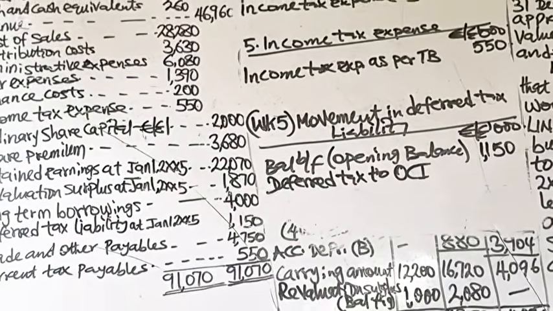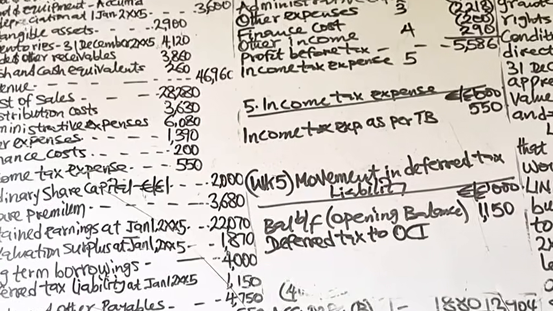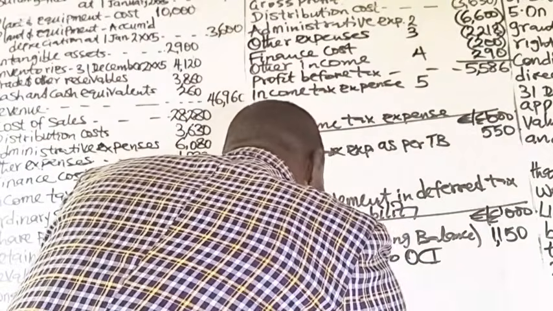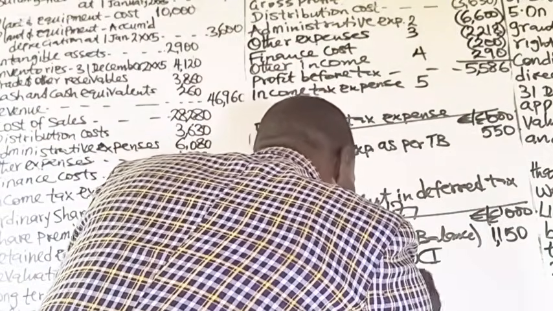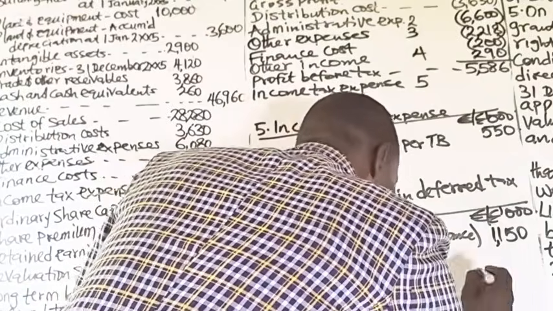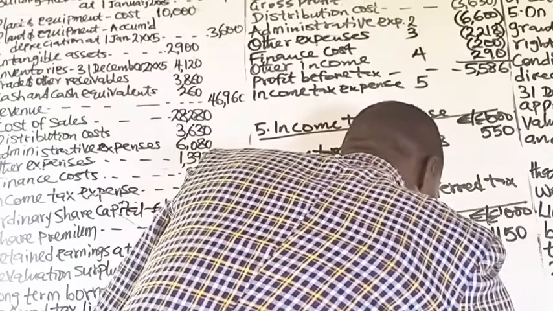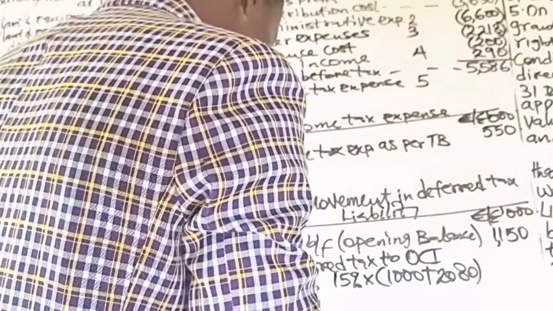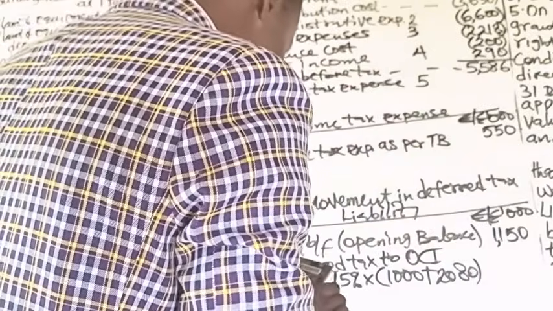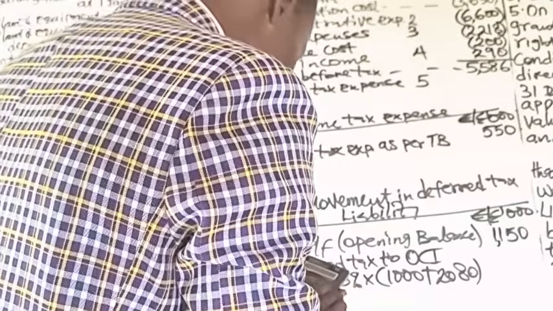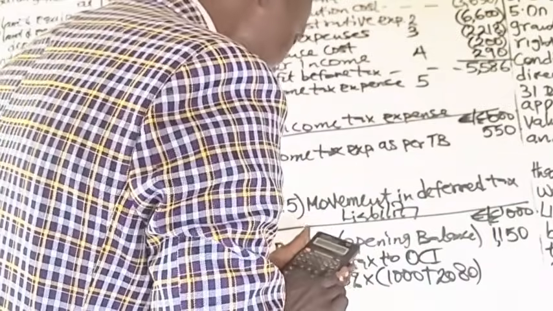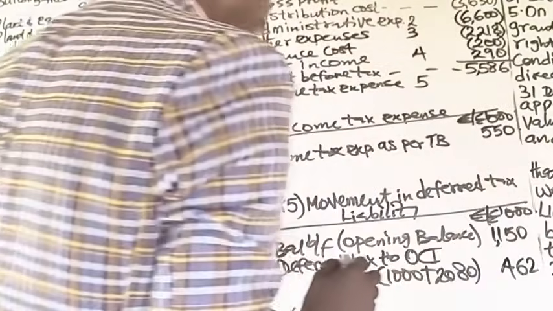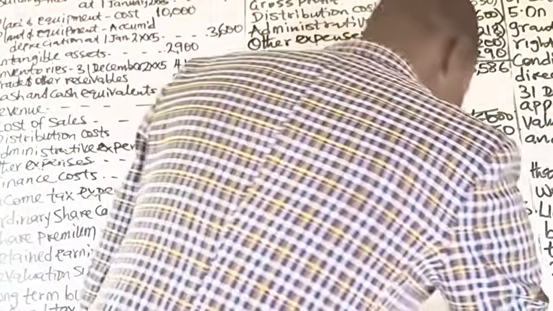Then you calculate 15% of that revaluation, 15% of 1 million plus 2,080,000. That will give us 3,080,000. 15% of that gives us 462. This deferred tax is the amount that will be recognized in other comprehensive income.